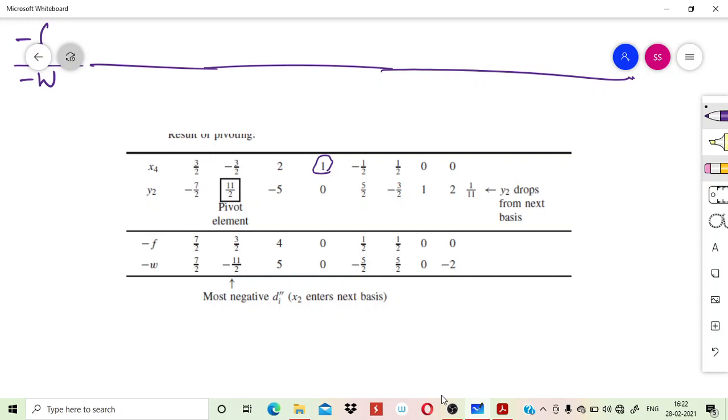That element will be minus 11 by 2, and if you look upward, it corresponds to the x2 column.